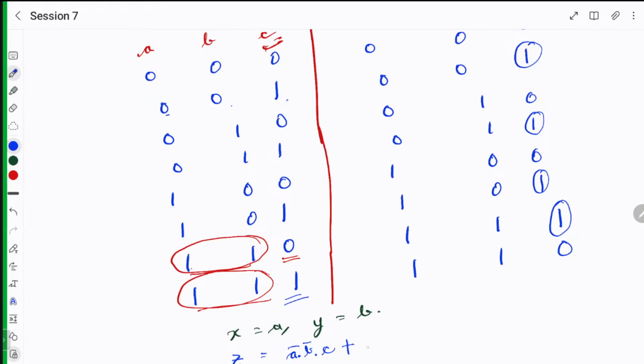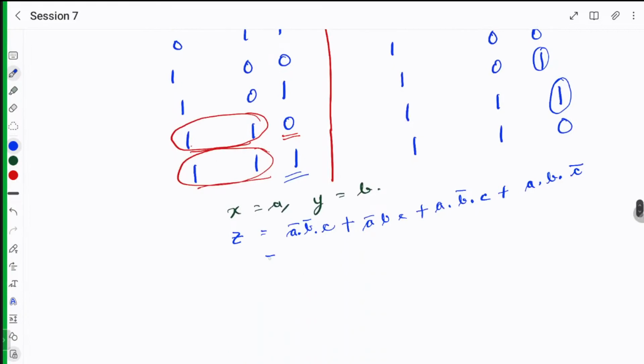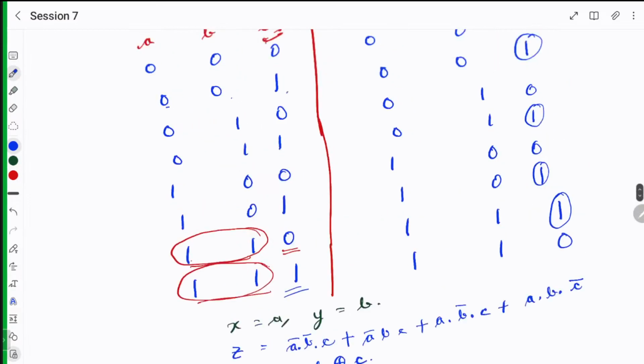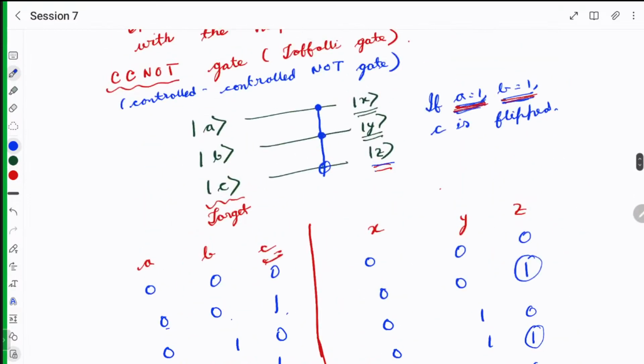Or A bar B C, or A B C, or A B C bar. If you simplify this, you would get (A and B) XOR C. So this is what the third output of the Toffoli gate gives us.